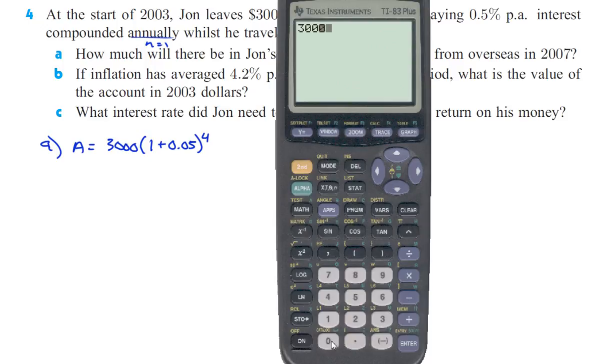So 3,000, oops, 1 too many zeros, times 1.005 to the 4th. I've made $60 over those 4 years and 45 cents.